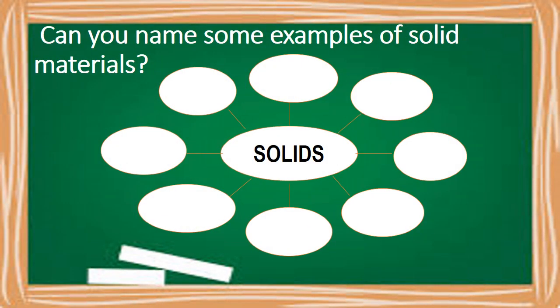Okay, children, can you name some examples of solid materials? You can tell some objects. That's great. Very good. Your answer is correct. Good job, children. Let's find out more.